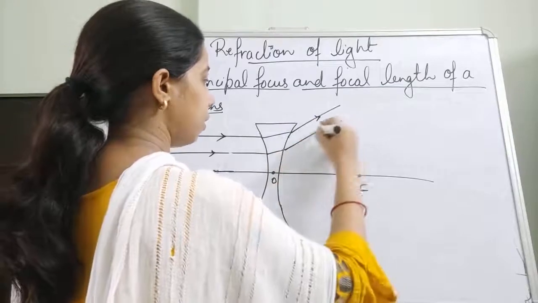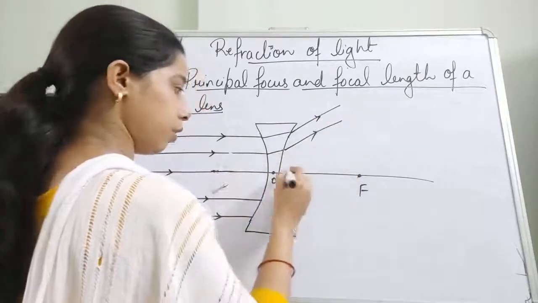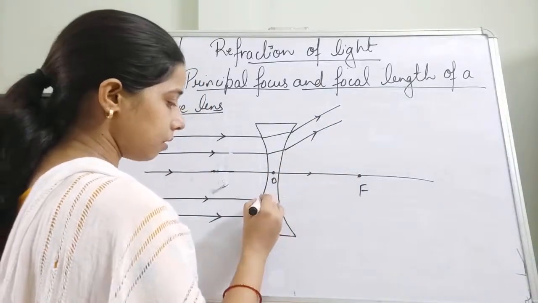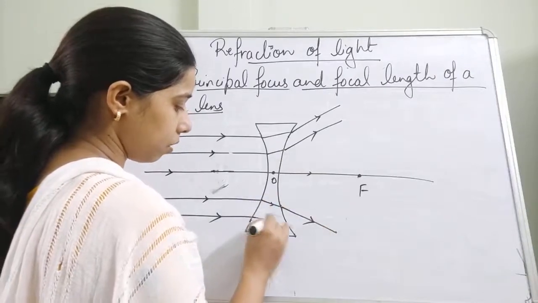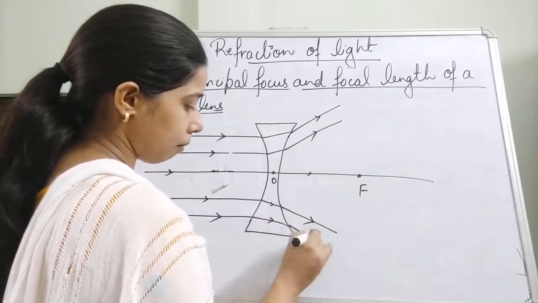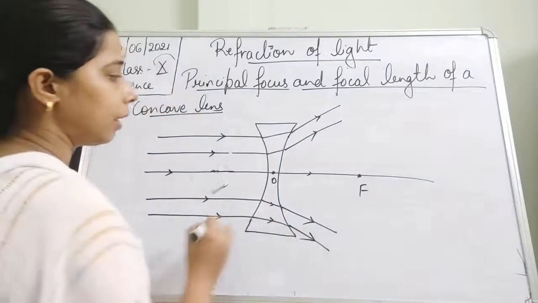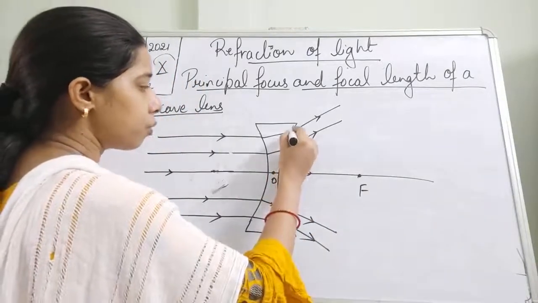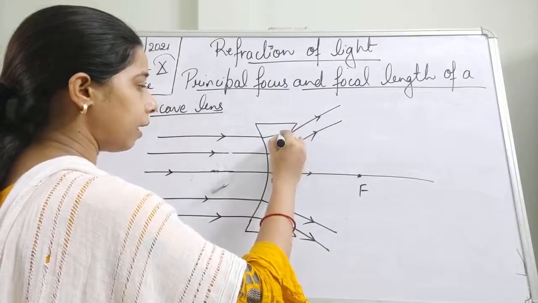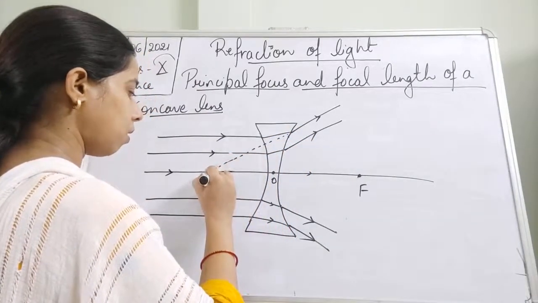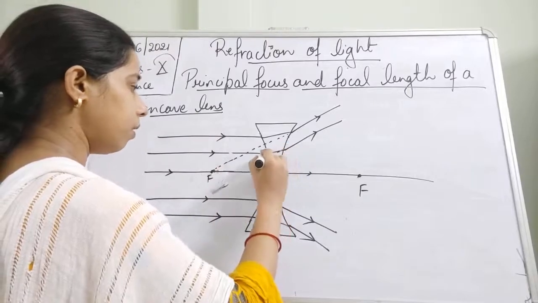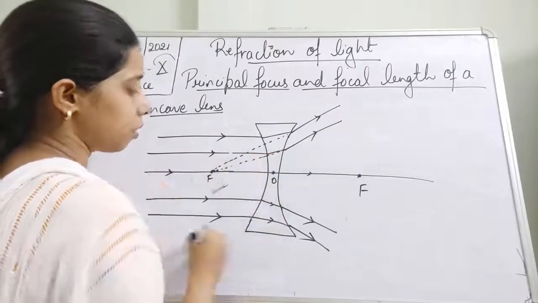It bends a little bit and then gets diverged. This one will pass as it is. This one bends a little bit and diverges. When you stretch it back, you will find that they meet at a point. All of them will meet at a point.